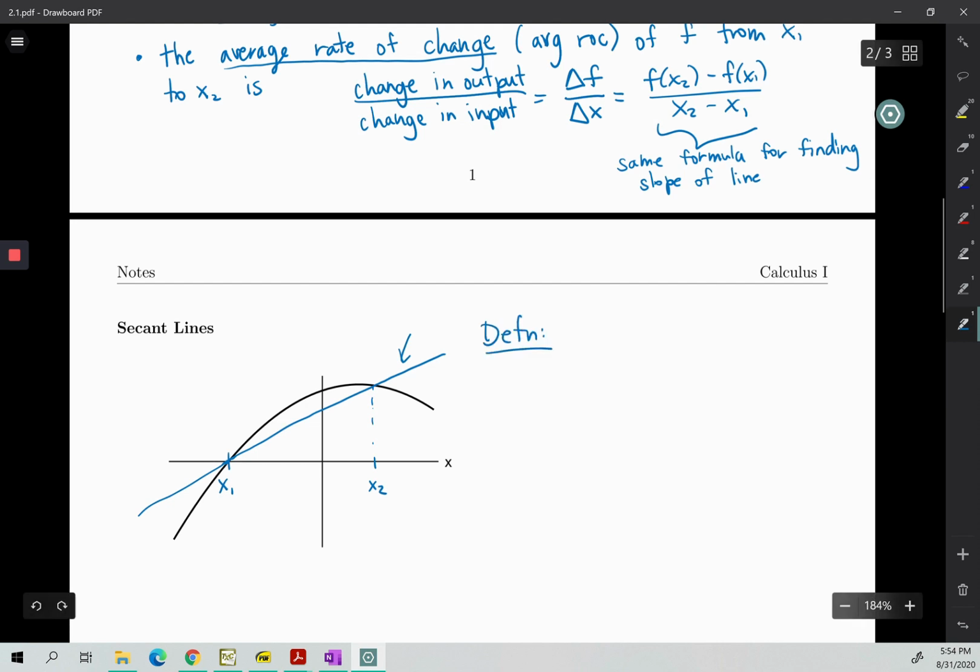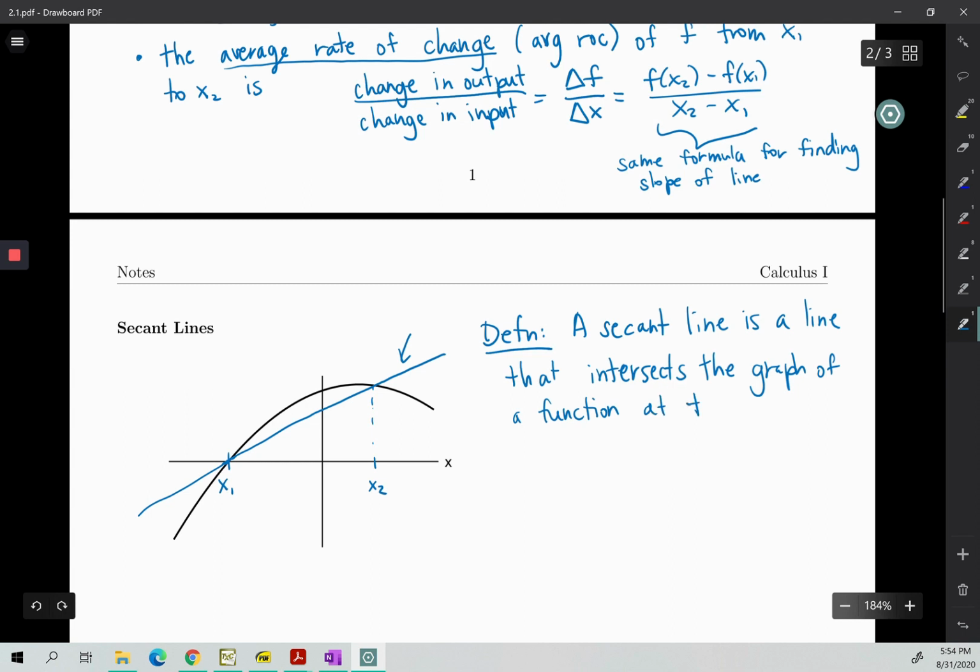And a secant line is just a line that intersects the graph of a function at two distinct points.